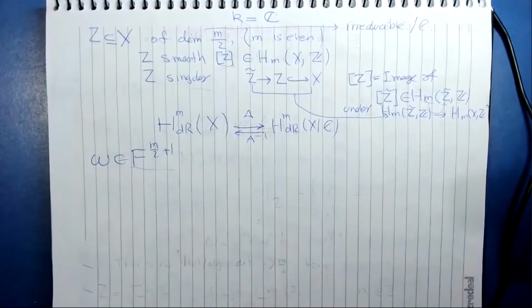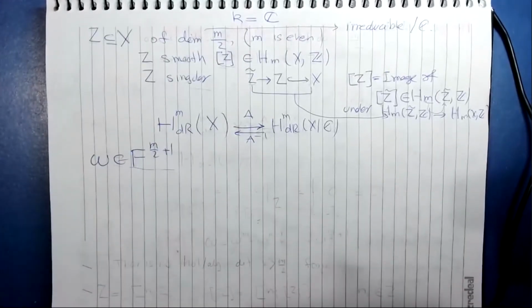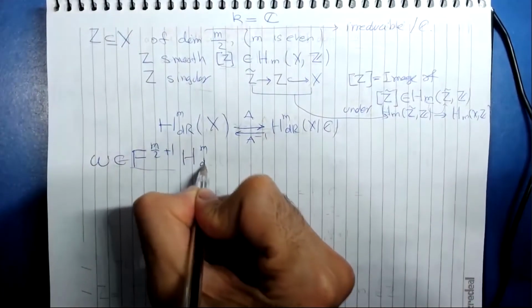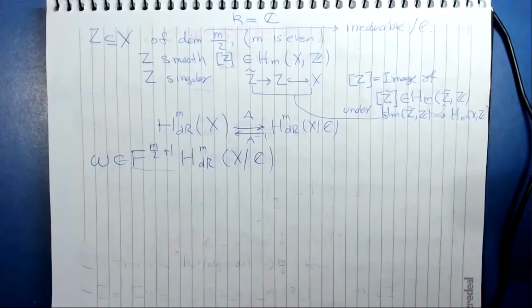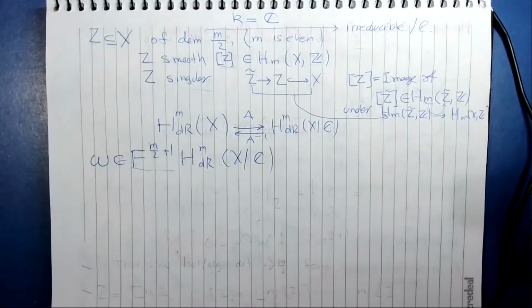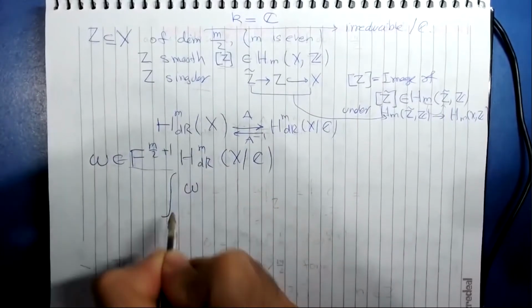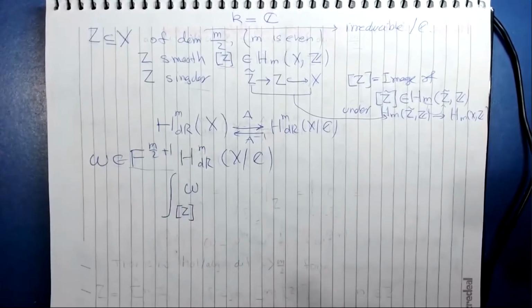This piece of the Hodge filtration is very important for us, because using this one, we will define the notion of Hodge cycles. So we take an element here, and we can talk about the integration of omega over this homology class.